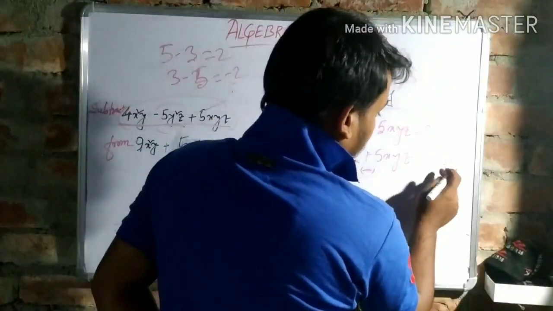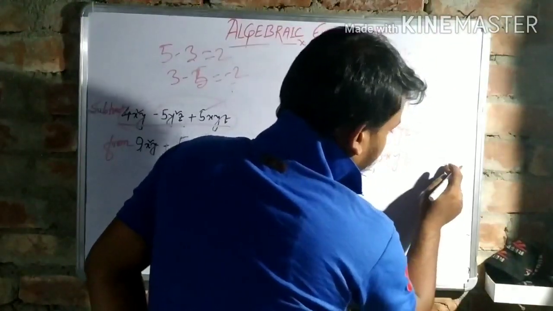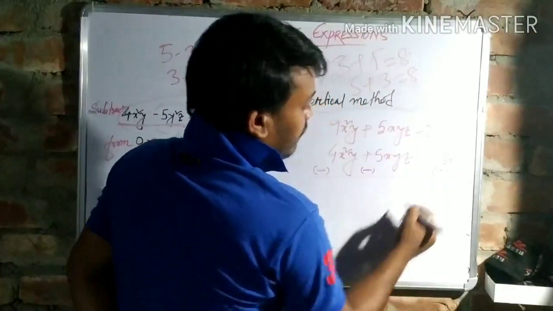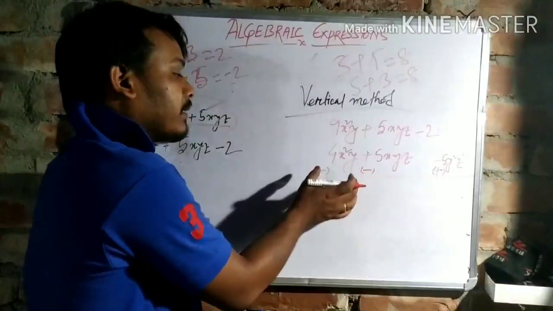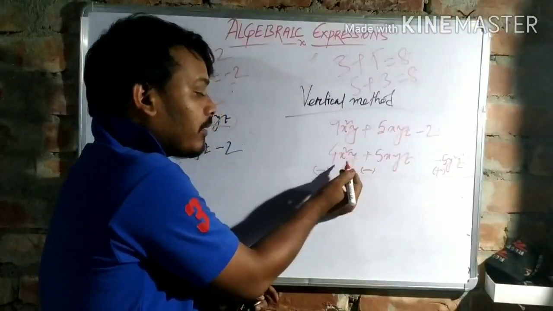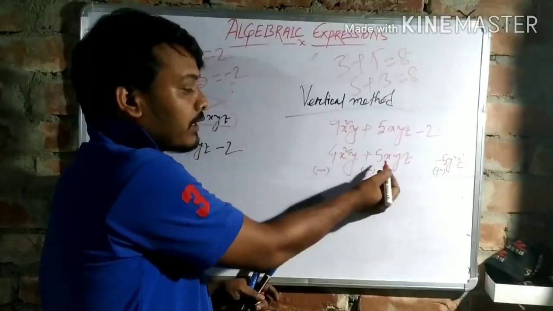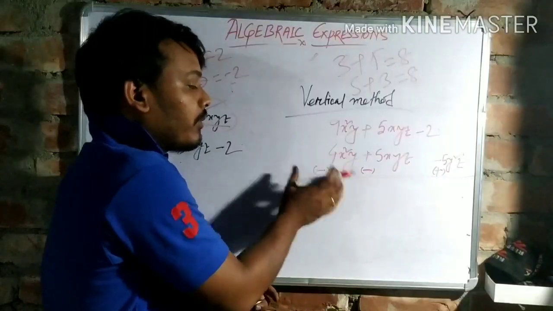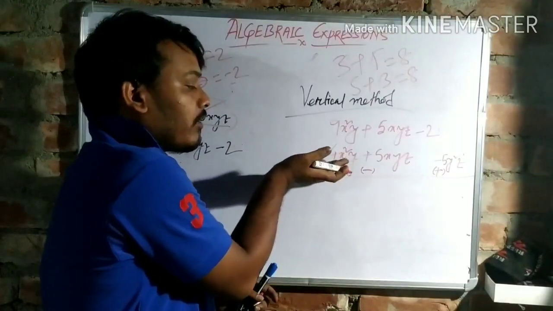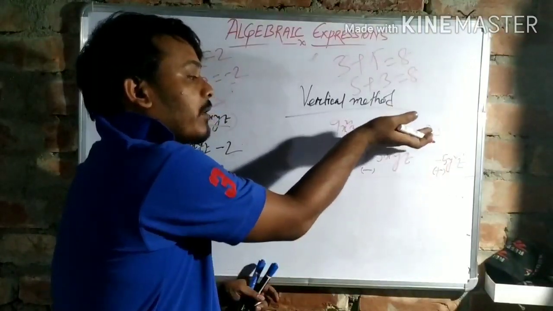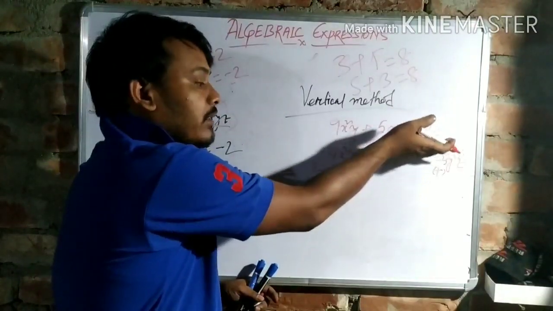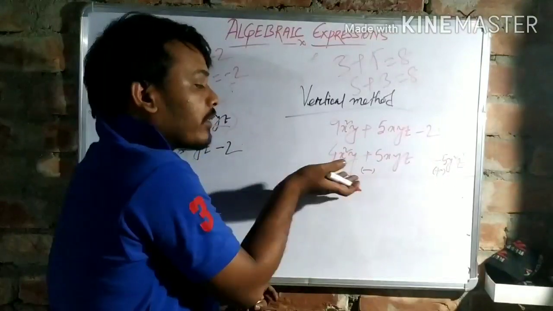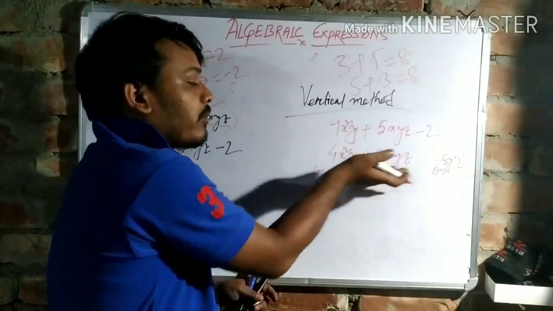And what is the sign of 5y square z? Minus, so it also becomes plus. And we change the sign of the lower row, not the upper row. Here minus 2 is there. There is no value, so no need to change the sign of this one.